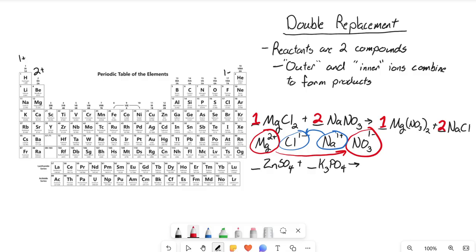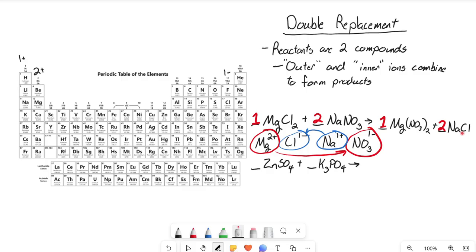But the biggest thing I want you to get with this one is that we predict the products by first recognizing the ions involved in the reactants, and then combining the outer ions to make one product and the inner ions to make the other. These formulas for the products are always ionically bonded.